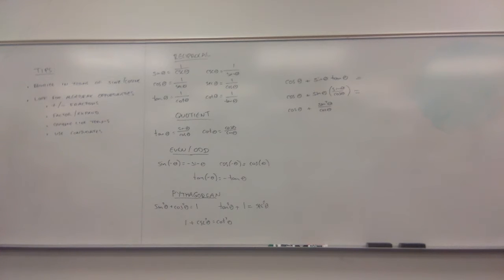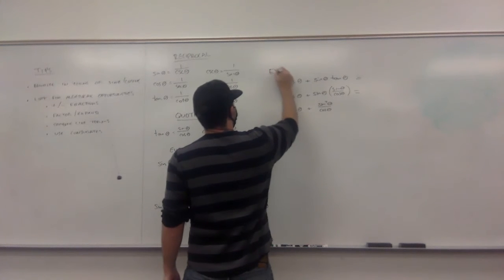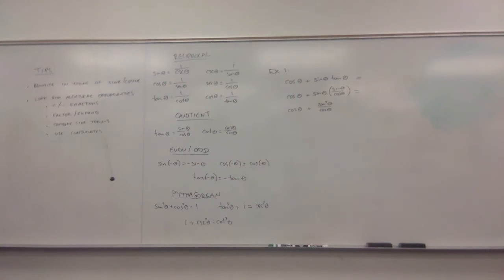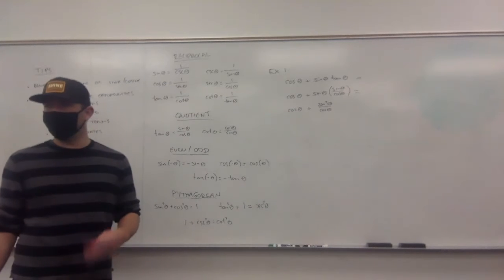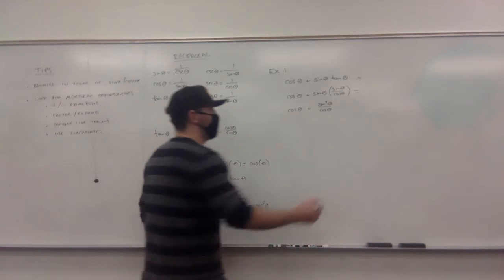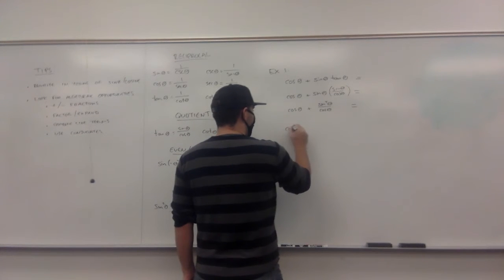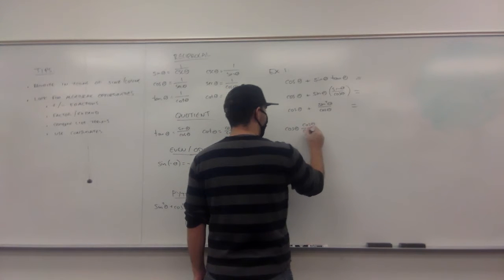So in the example that we're working on right now, I see an algebraic opportunity. I see a fraction plus a non-fraction. In order to add those two things together, we need to form a common denominator. So this term cosine theta, if I rewrite that as a fraction with cosine theta as the denominator, I'll be able to add these two terms together. Okay, so to do that, I would take cosine theta and I'd multiply it by the fraction cosine theta over cosine theta.